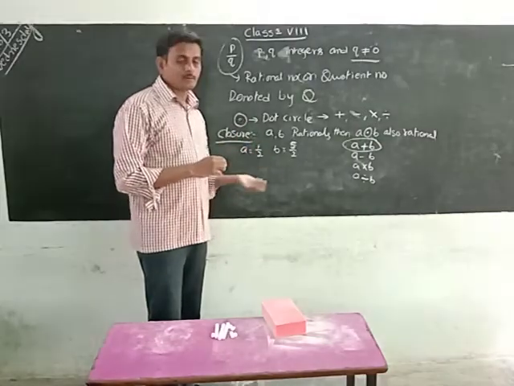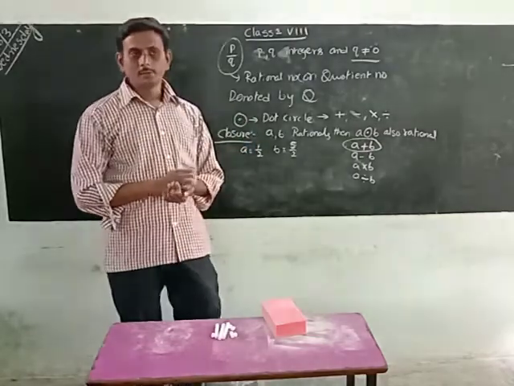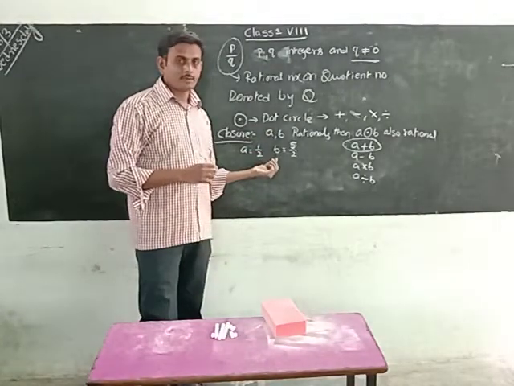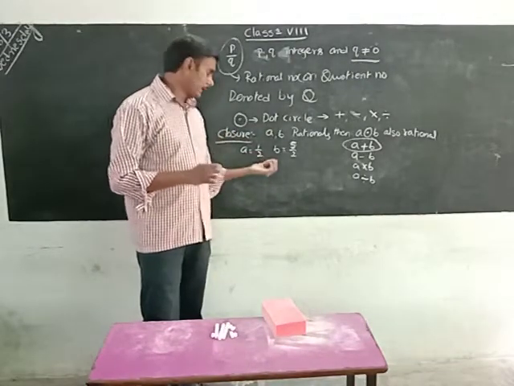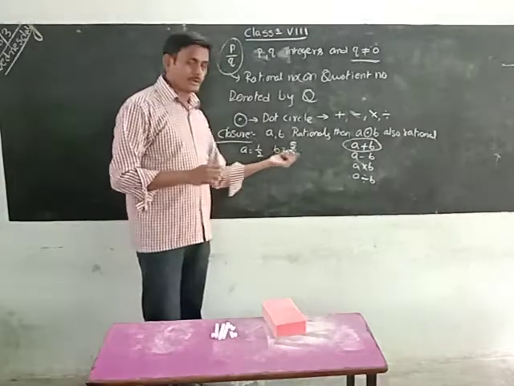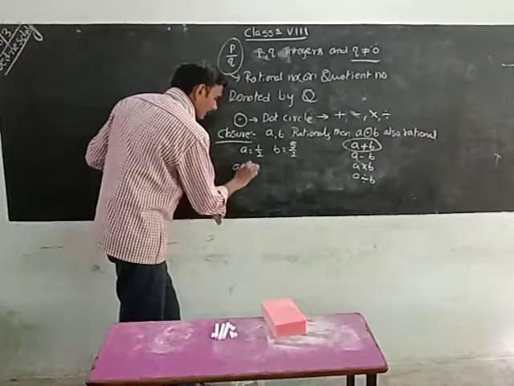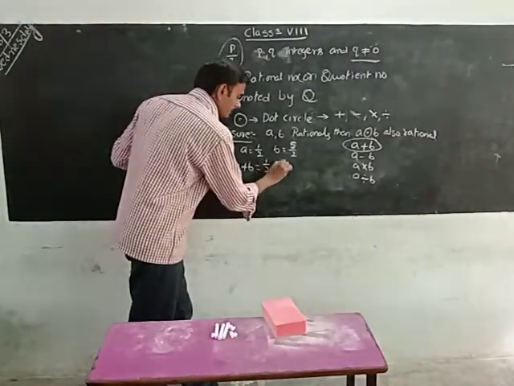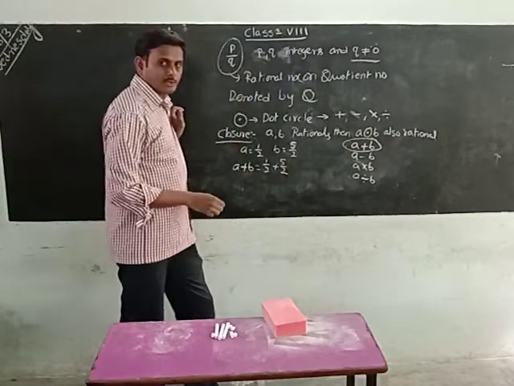Without taking equal denominators also we can do the property, but for convenience, to reduce the calculation, I took equal denominators. Now we add a plus b: 1 by 2 plus 5 by 2.